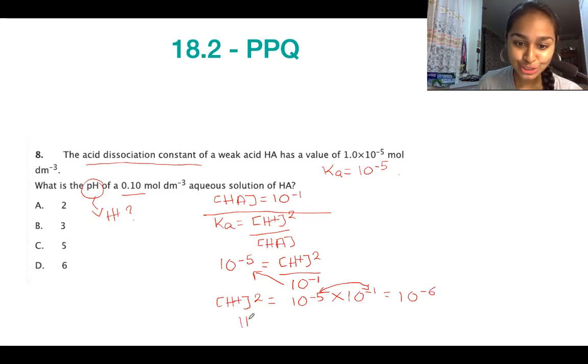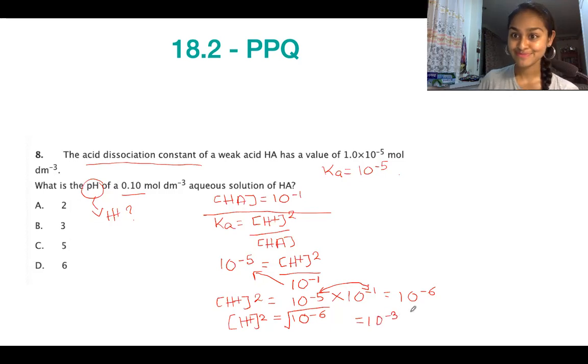Okay, so H plus squared is going to be 10 to the minus 6. So therefore, what I can do is I can essentially square root this. And when I square root this, the answer that I'm going to get is 10 to the minus 3.